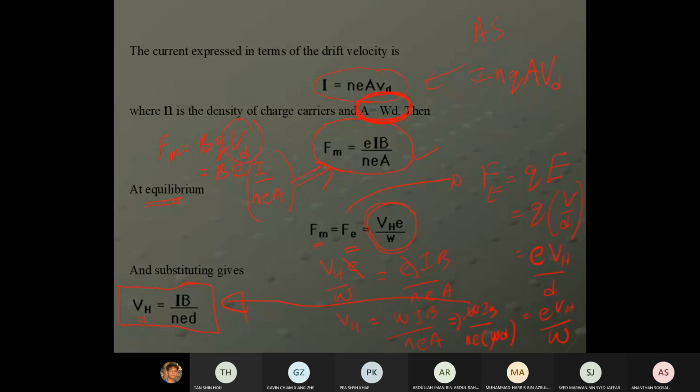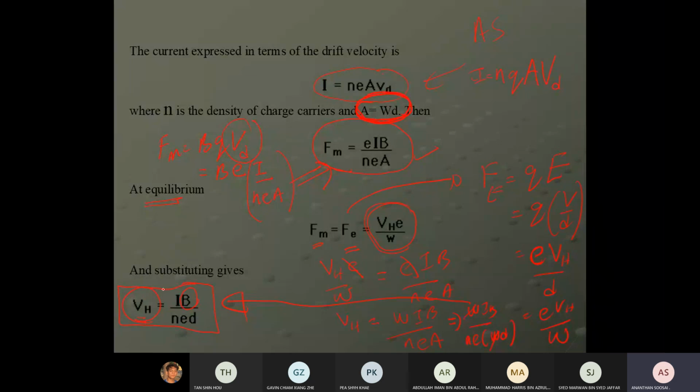Hall voltage. But as long as the others remain constant, I, n, e, D must remain constant.